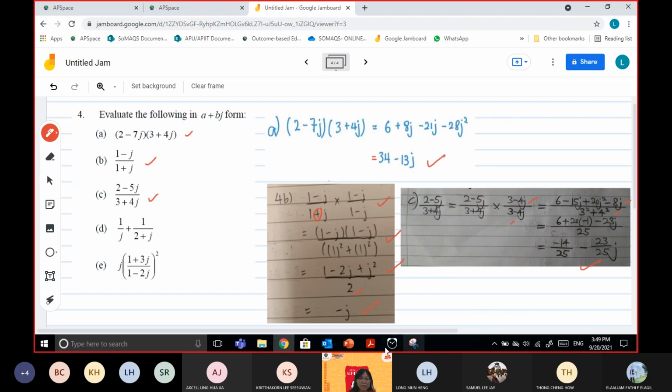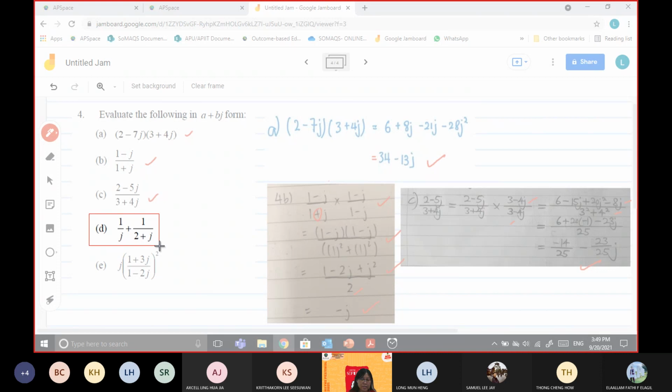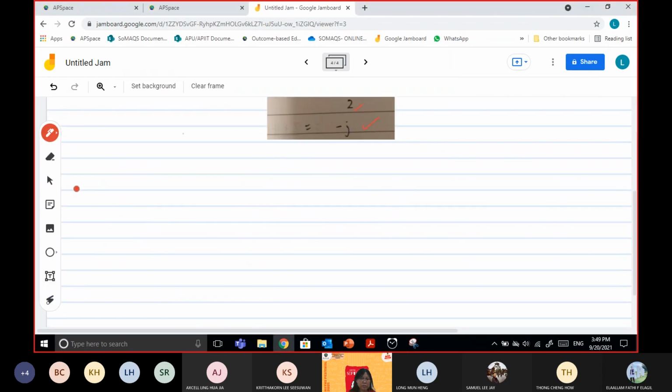Okay, now let's proceed to question D. D looks a bit different from the normal questions that we go through. So how do we deal with this question? We can just solve it like how we do it for normal algebra. That means we can have a common denominator.